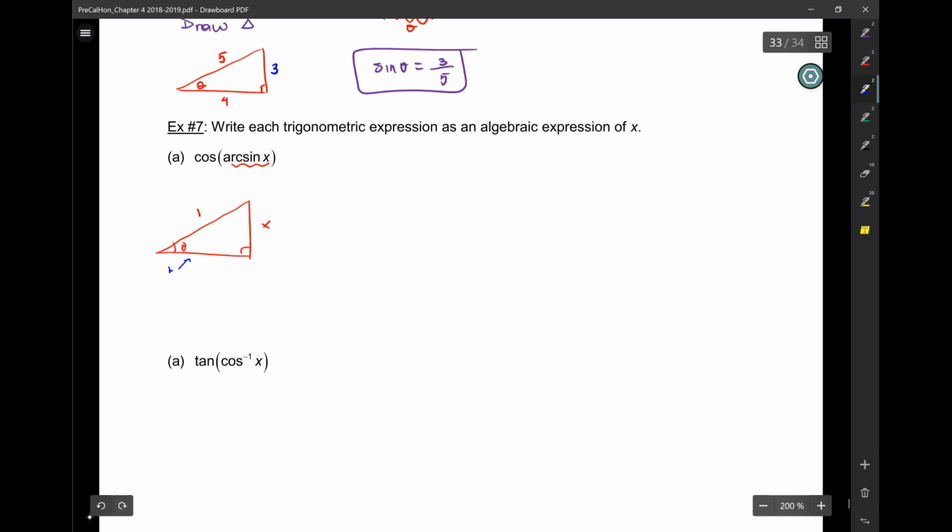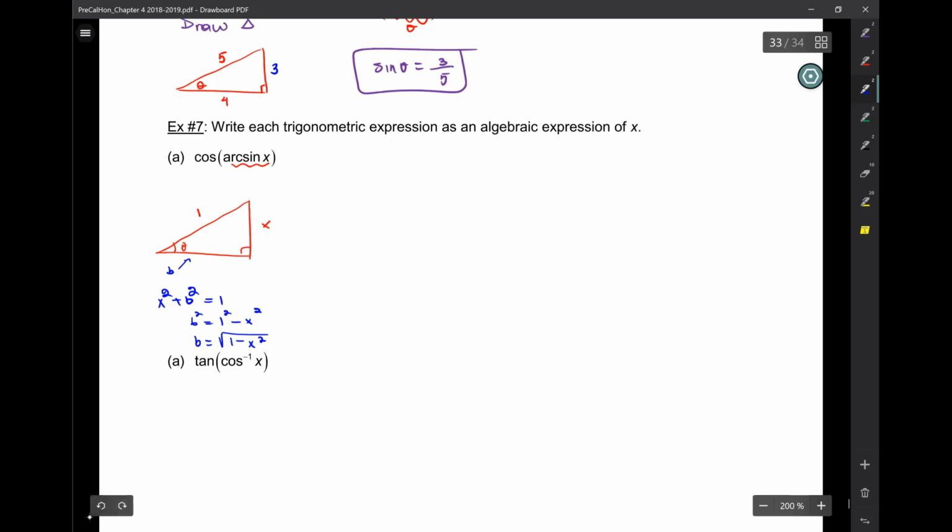So let's say that's b, right, for ABC. x squared plus b squared is equal to 1 squared. So b squared is 1 squared minus x squared.